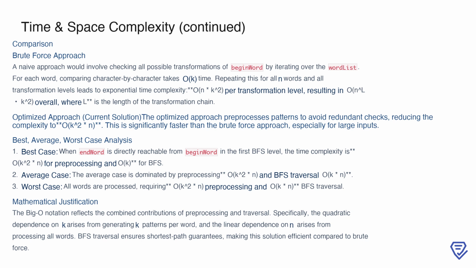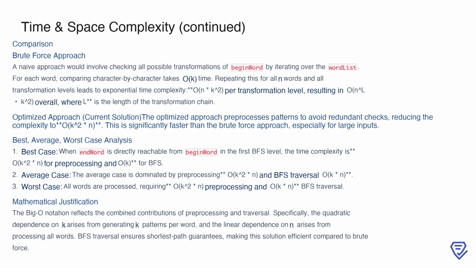Over multiple levels, this results in an overall complexity of n to the power of L times k², where L is the length of the transformation chain. The optimized solution, however, preprocesses patterns to avoid redundant checks, reducing the complexity to k²*n, which is significantly faster, especially for larger inputs.